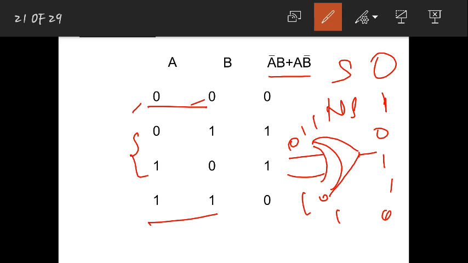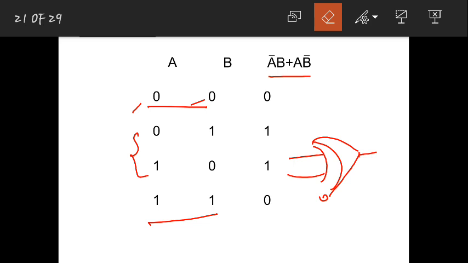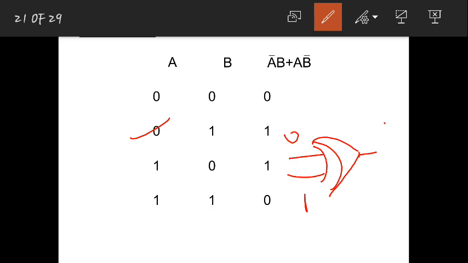Now we will try to substitute values in this equation and see what result we get. For example, in this case I am writing this input as 0 and this input as 1, and the output I should get is 1. To check, I substitute in this expression.